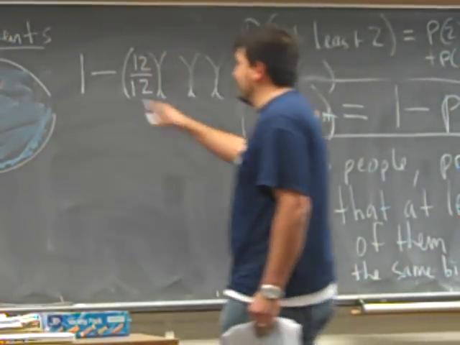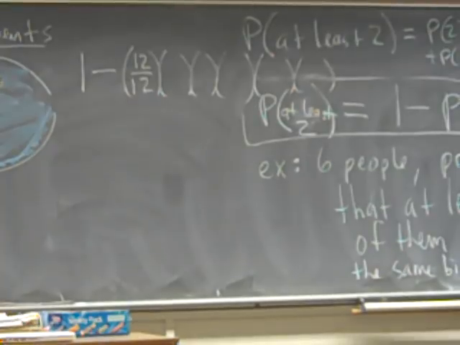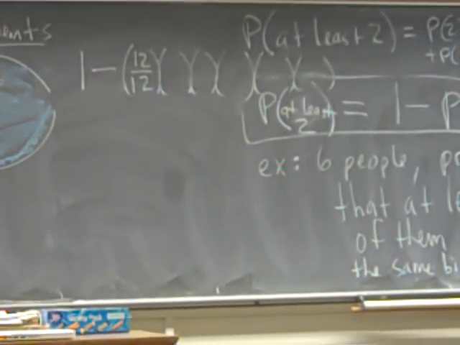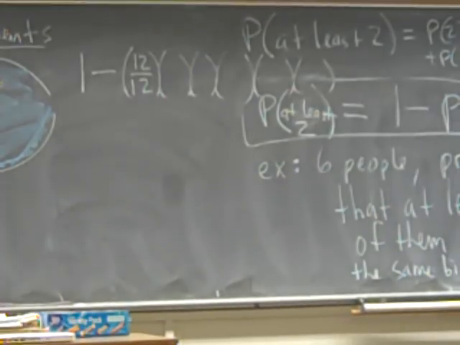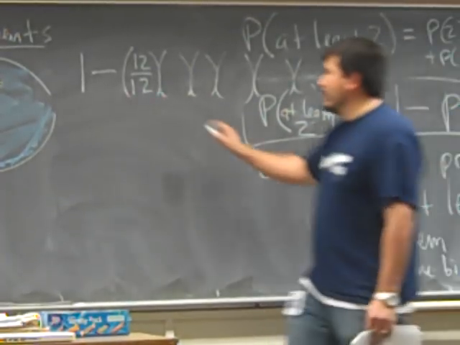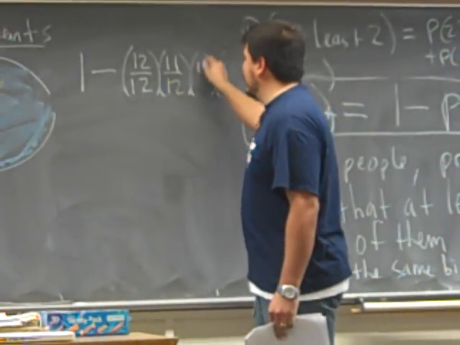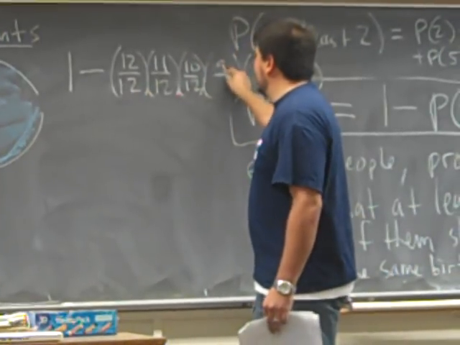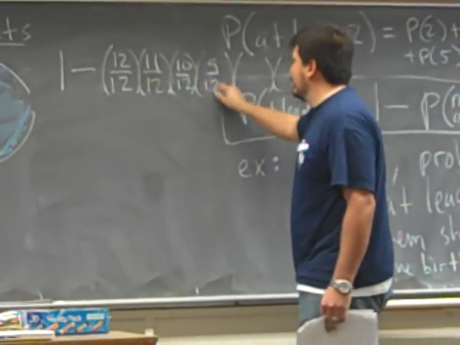Because that's the first person to go, so there's nothing in common yet. But now if I go on to the second person, and I don't want them to have any matching months, it goes down to 11 out of 12, and so on, all the way down until we're out of people.